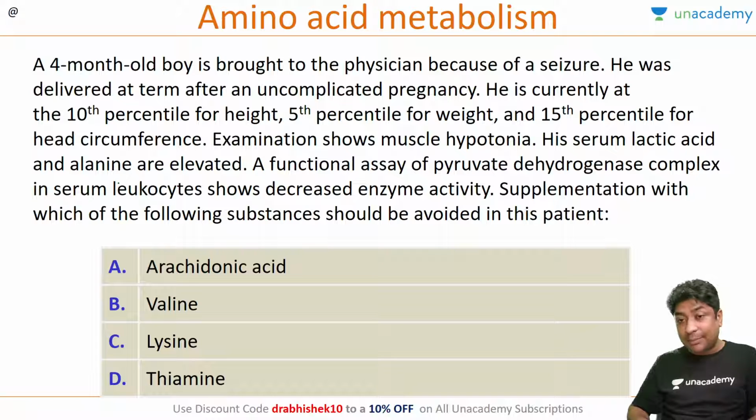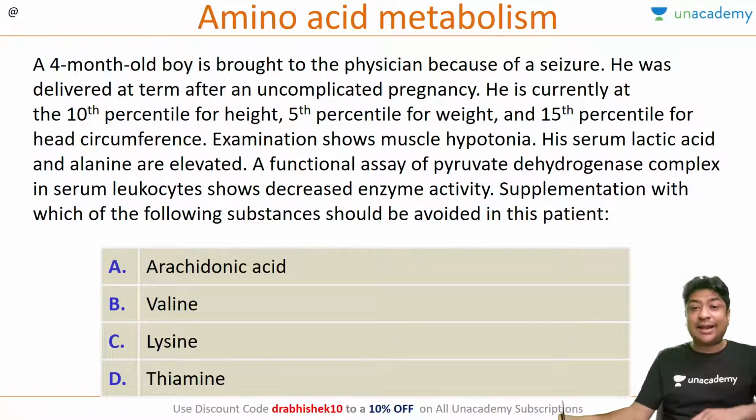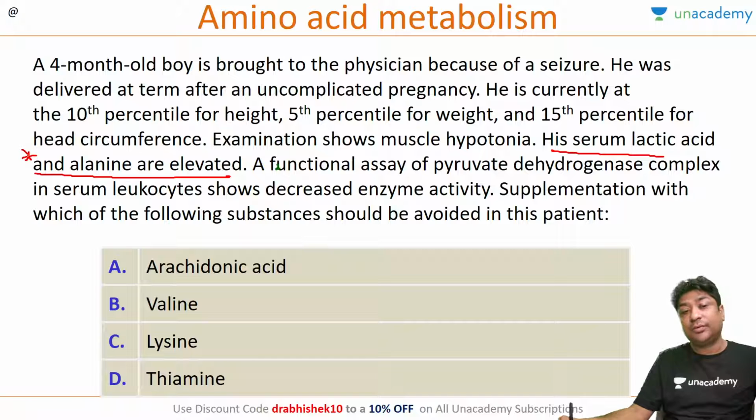Examination shows muscle hypotonia. His serum lactate, now this is a very, very important clue, his serum lactic acid and alanine levels are elevated. Assay of PDH in serum leukocytes shows decreased enzyme activity. Supplementation of which of the following should be avoided in this patient?